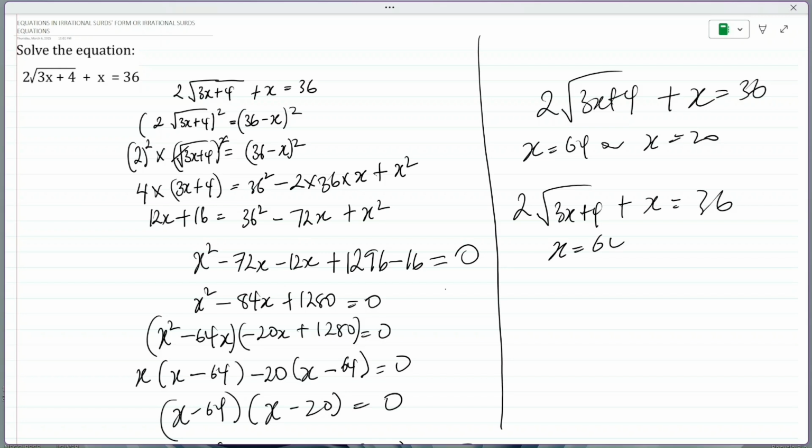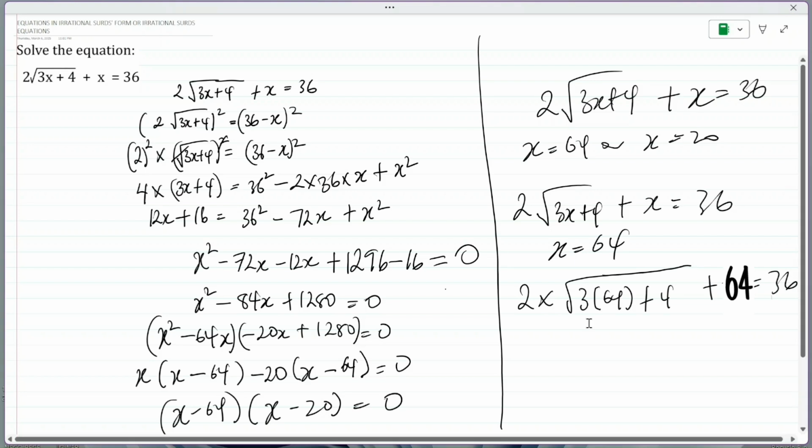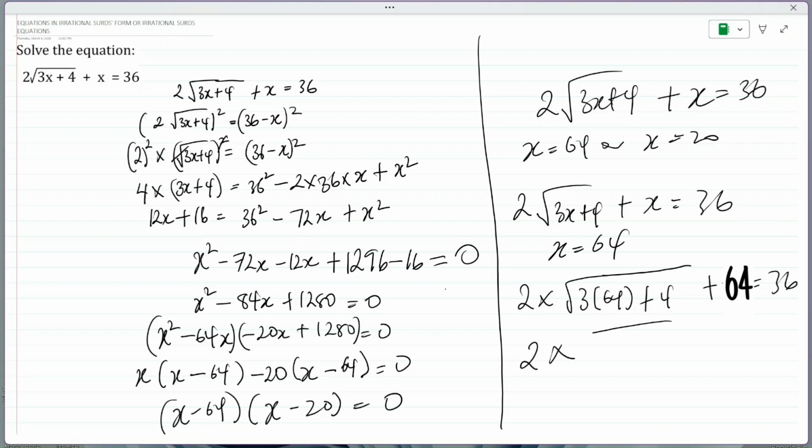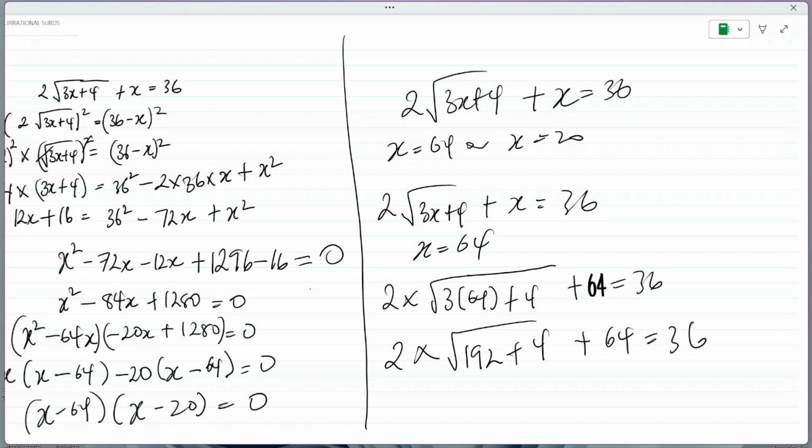X equals 64. You have 2 times root 3 into open bracket 64 close bracket. That is, we've changed the value of x to 64. So we have 3 times 64 plus 4 plus 64 equals 36. We have 2 times square root of 3 times 64, which is 192, plus 4 plus 64 equals 36.